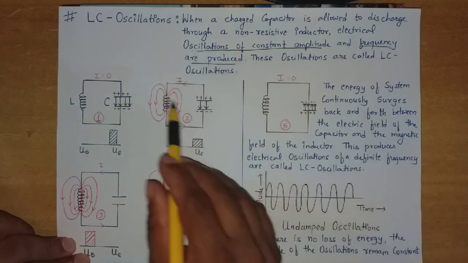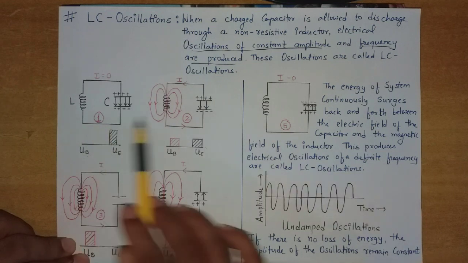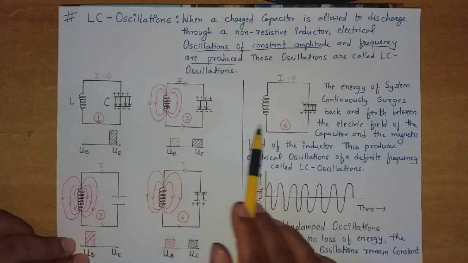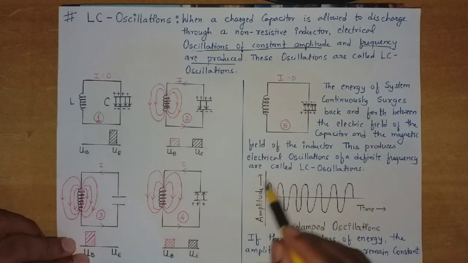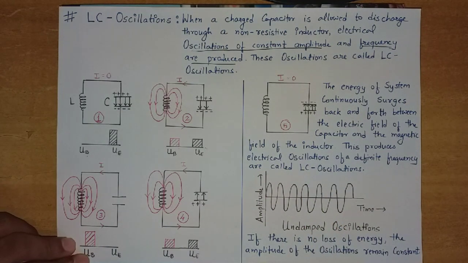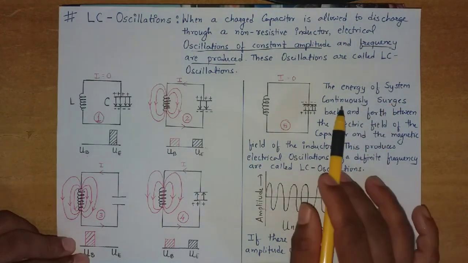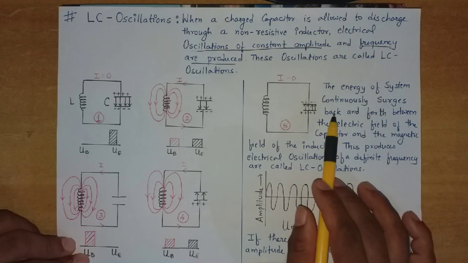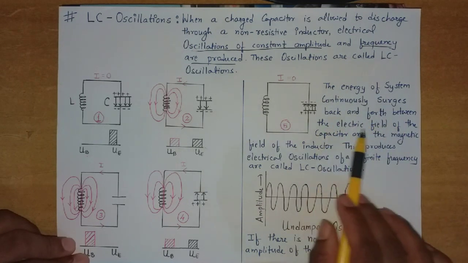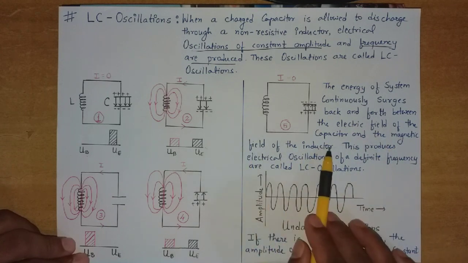So this is a cycle which happens from this figure or circuit from 1 to 5. Clear? If this keeps going on, then we get continuous oscillation of the wave. Clear? Which is called LC oscillation. Let's see. The energy of the system continuously surges back and forth between the electric field of the capacitor and the magnetic field of the inductor.